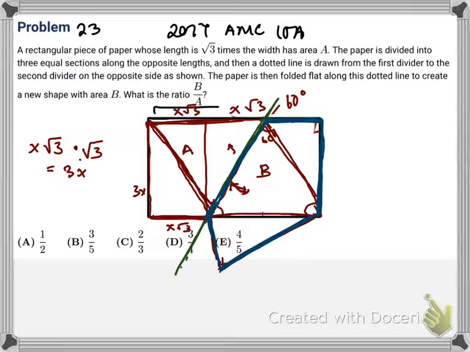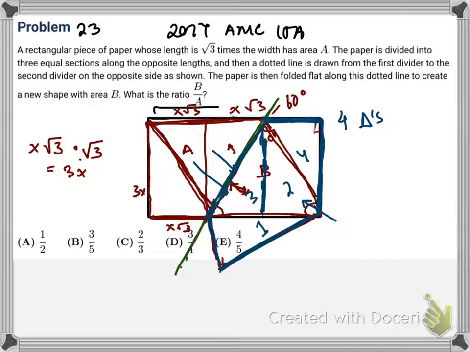I can either calculate this entire area B by taking a look at this shape, or I can use a nifty little trick. I'm going to break this up into two 30, 60, 90 triangles, because that's how we reflected it. And I'm going to say 1, 2, 3, 4. There's 4 30, 60, 90 triangles.